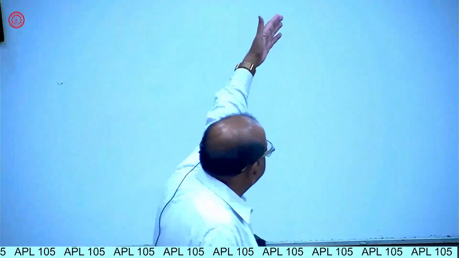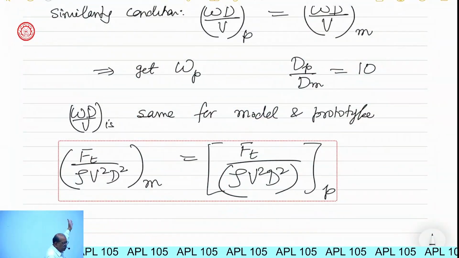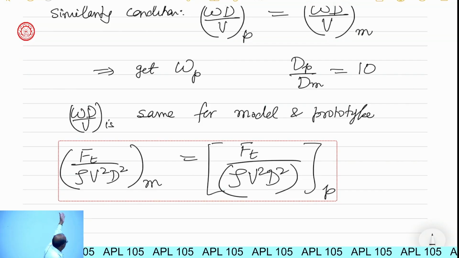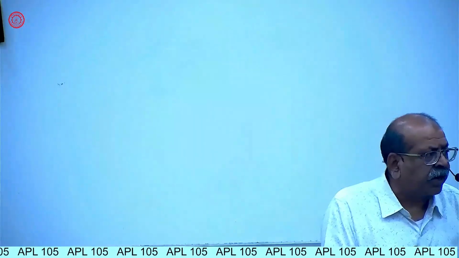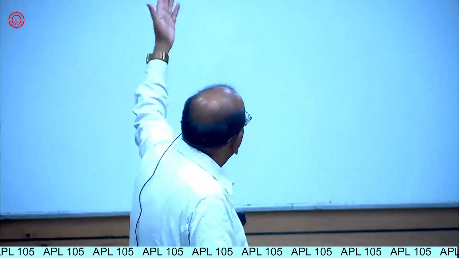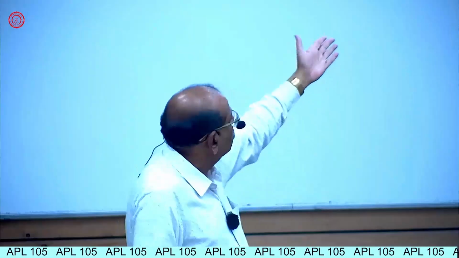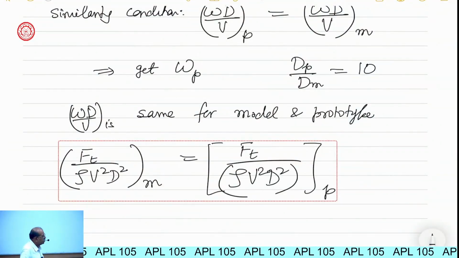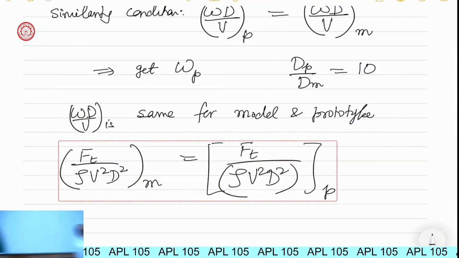And once again, Ft for the model, rho V square D square for the model are given. If rho is not given, probably both are the same fluid, then rho is the same. And then mu is of course not a factor here. So from here now, you can work out the value of Ft. Okay. So omega you got, Ft you got.